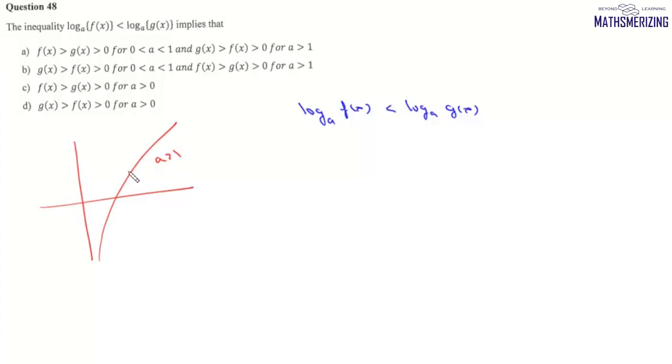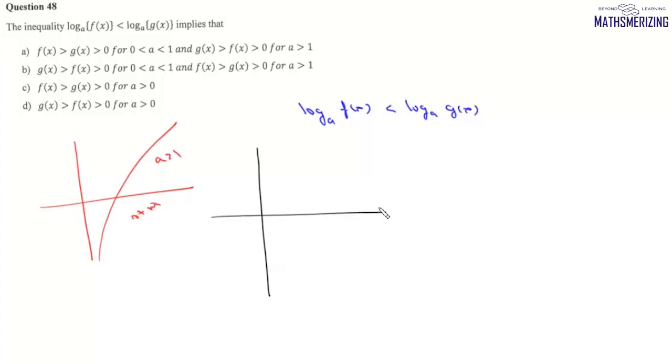Now question number 48 says this inequality, log f(x) to the base a is less than log g(x) to the base a, implies that. Now we know that there are two graphs of log. If the base is greater than 1, then it is a strictly increasing function.